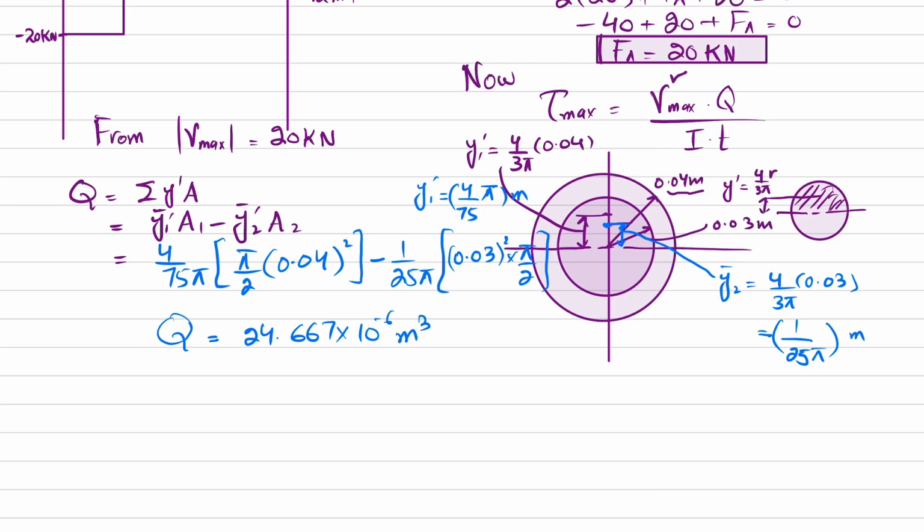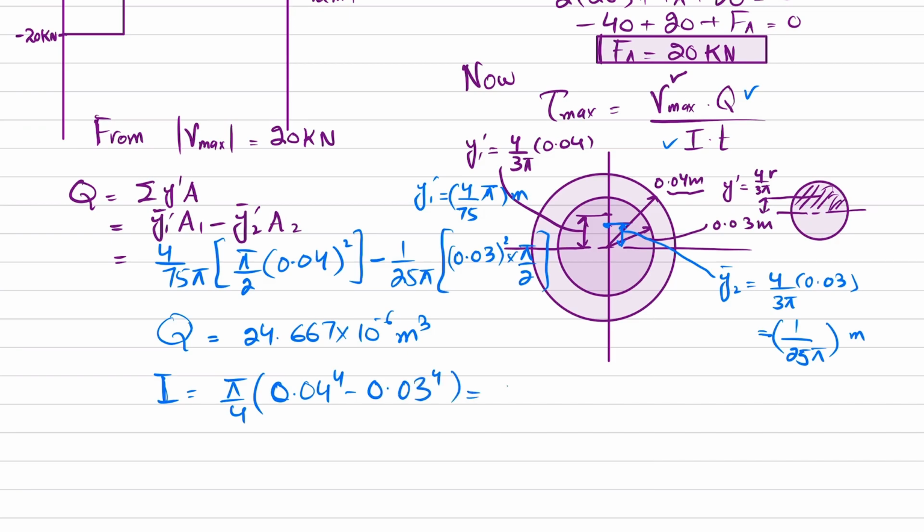Now this is the Q for this portion. So this is the value of Q. Now we have Q, but we do not have I. I can be calculated for a circular hollow cylindrical pipe. It is pi by 4 into C outer to the power 4, which is 0.04 to the power 4, minus C inner to the power 4, which is 0.03 to the power 4.